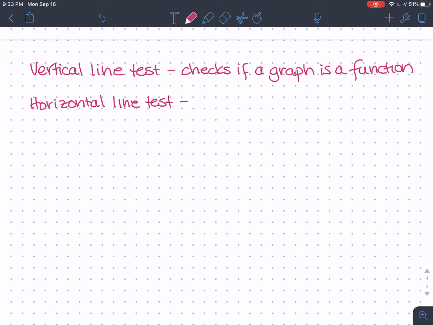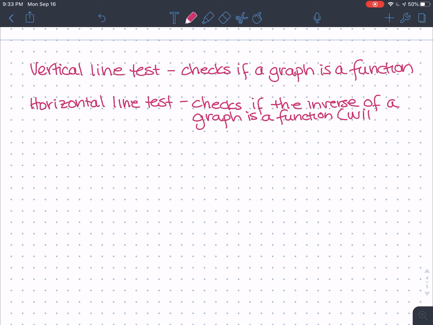And the horizontal line test checks if the inverse of a graph is a function. And the cool thing about this is it checks without drawing the inverse. So for example, I'm just going to do a loose graph of this parabola that we did.